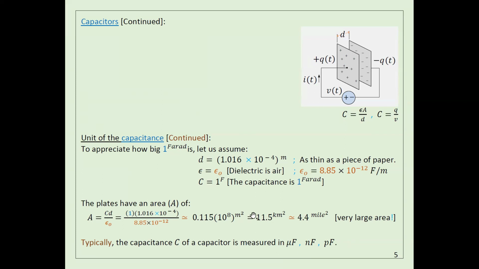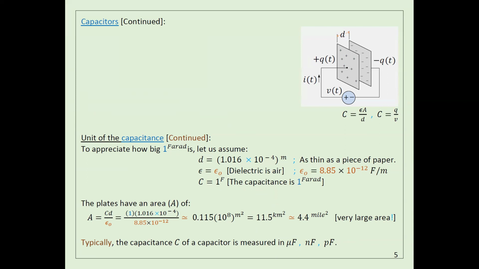I have some numbers here just to convince you how big 1 farad is. Assuming I have a capacitor and the distance is a very small distance, 1.01 multiplied by 10 to the power of -4 meter, as thin as a piece of paper. So the plates are very close to each other.